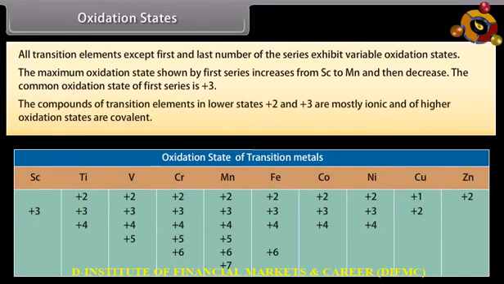The compounds of transition elements in lower states +2 and +3 are mostly ionic and of higher oxidation states are covalent. For example, ZnCl2 and CdCl2 are ionic in nature and Cr2O7 2- and MnO4 - are covalent in nature.